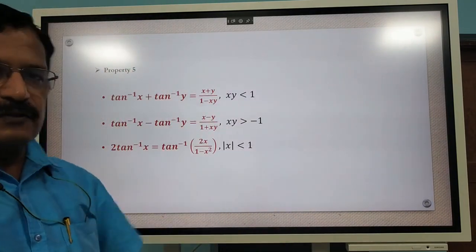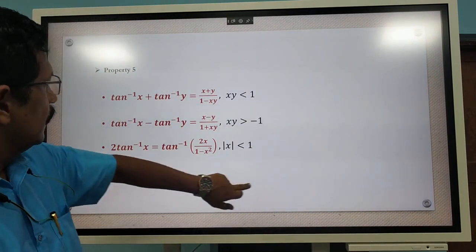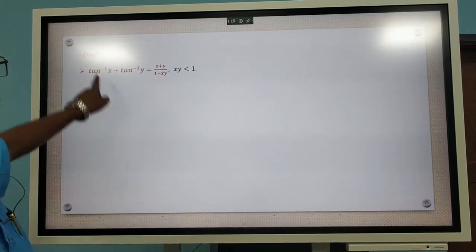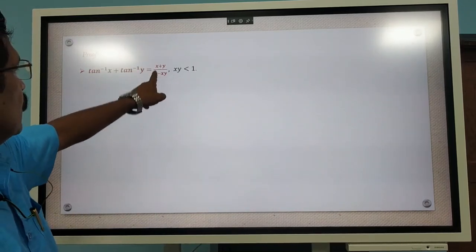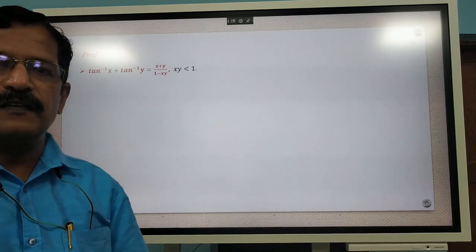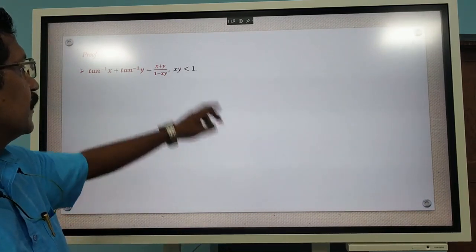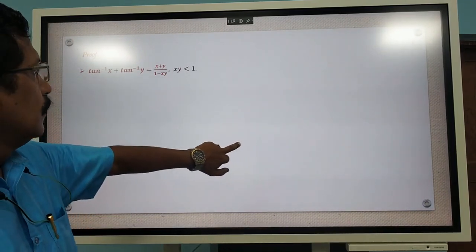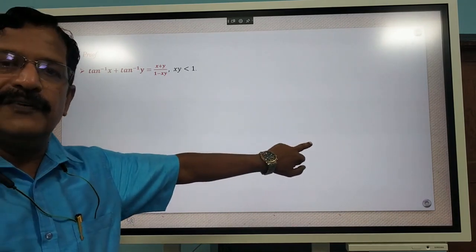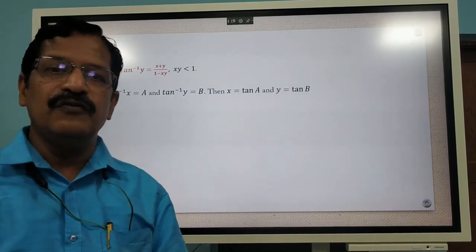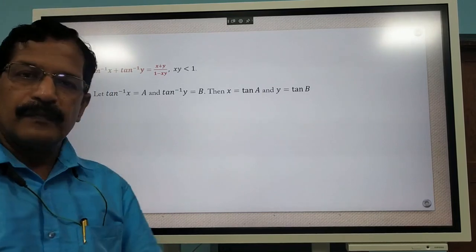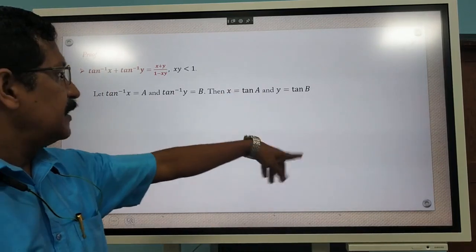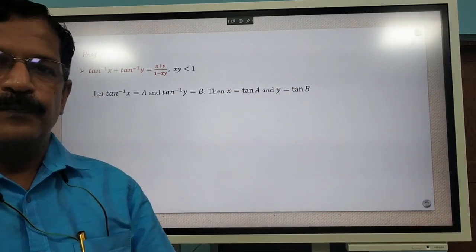We shall prove the first case. Proof of tan inverse x plus tan inverse y is equal to tan inverse of x plus y divided by 1 minus xy, where xy is less than 1. Let us take tan inverse x is equal to a and tan inverse y is equal to b. Then definitely x will be tan a and y will be tan b.